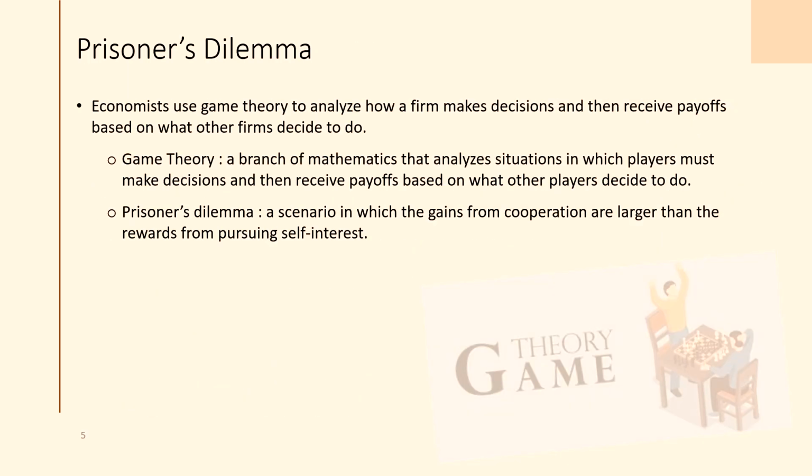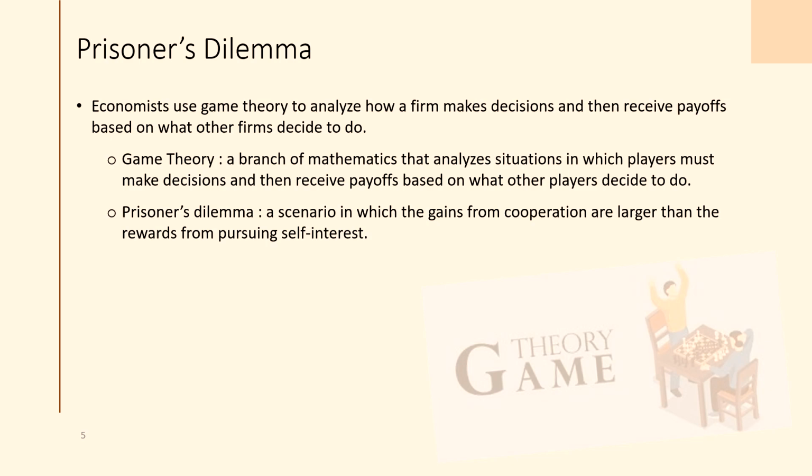To understand why collusion is difficult, economists use game theory. Game theory is a branch of mathematics that studies situations where decision makers choose actions while considering how others may respond. Payoff depends not only on your own decisions, but also on the decisions of others.